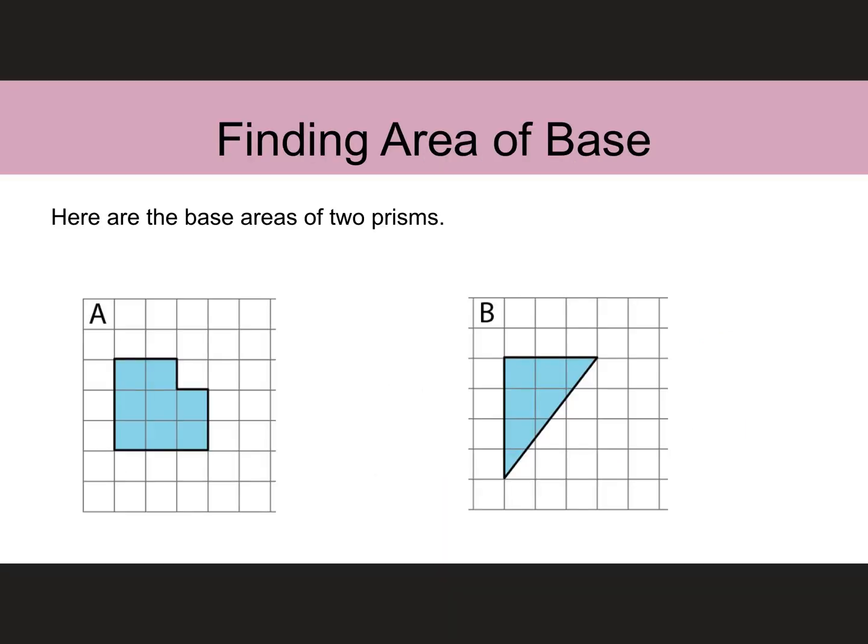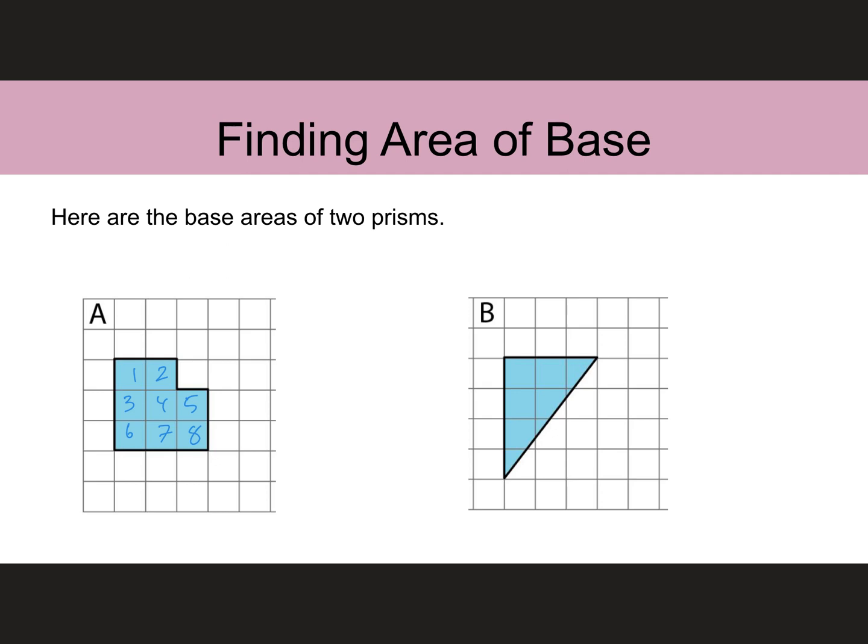So we're always just trying to find the area of the base. Let's say here are 2 areas of the base for 2 different prisms. What is the area of A? A is going to have an area of 1, 2, 3, 4, 5, 6, 7, 8 units.